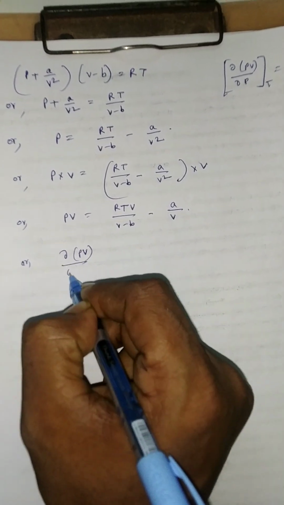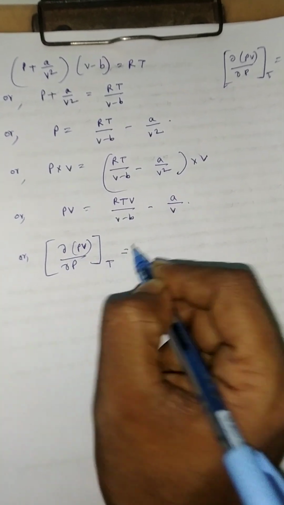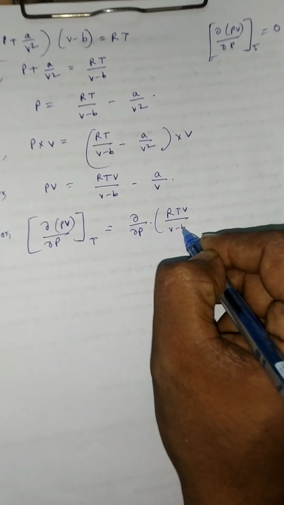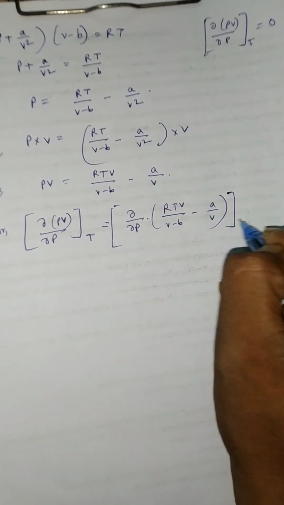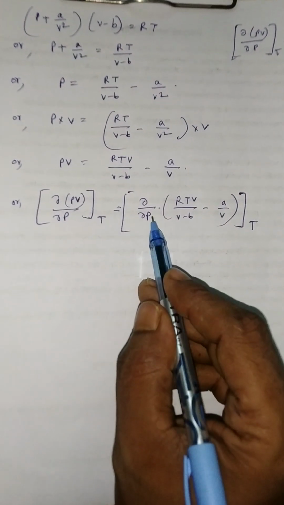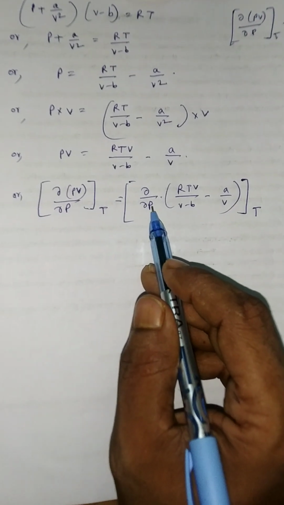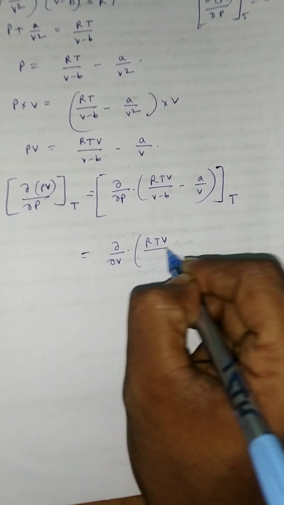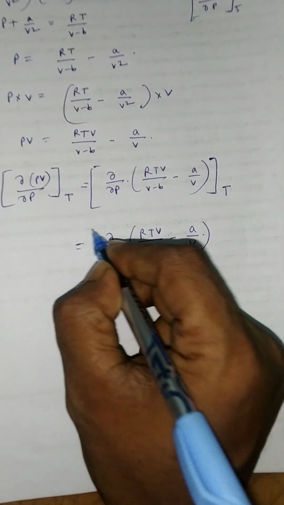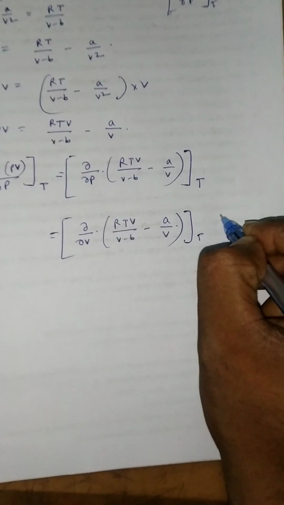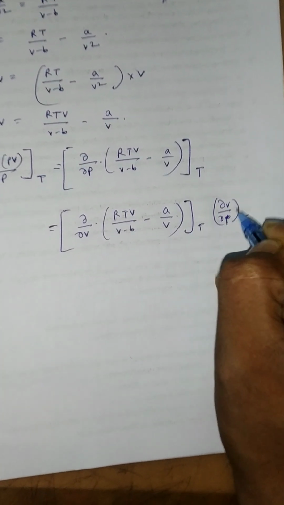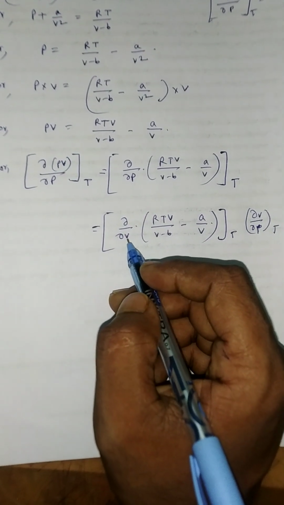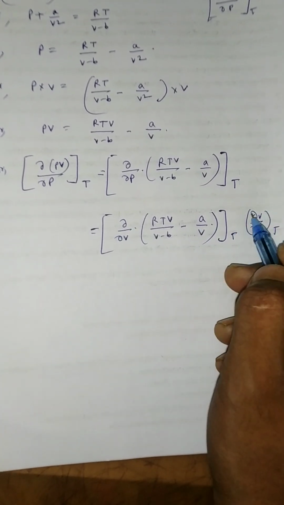Del PV by del P at constant T equals to del by del V of (RTV by V minus b minus a by V) at constant temperature into del V by del P at constant T. Here we are differentiating with respect to P, but as we are differentiating with respect to V, so here del V will be cancelled out.